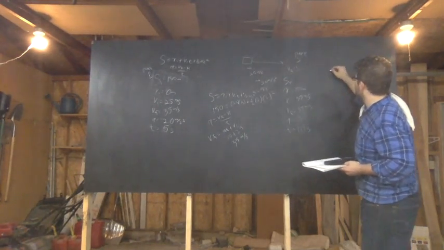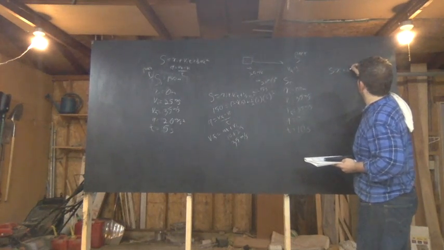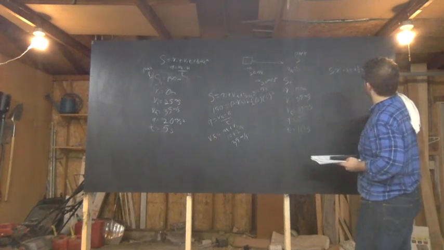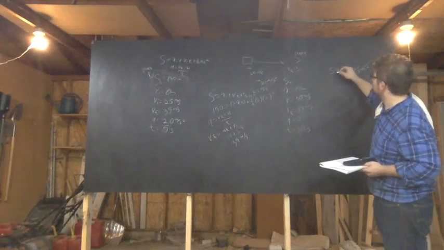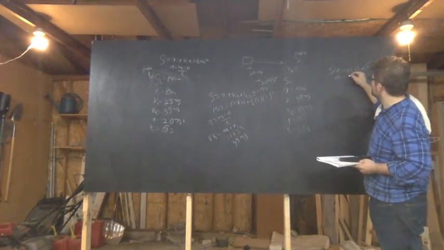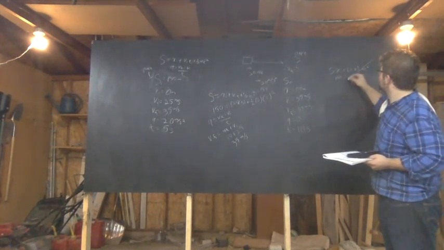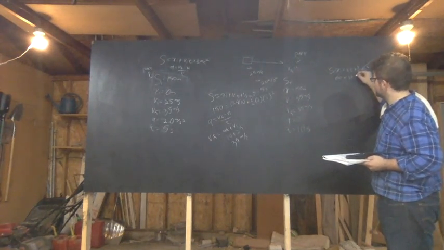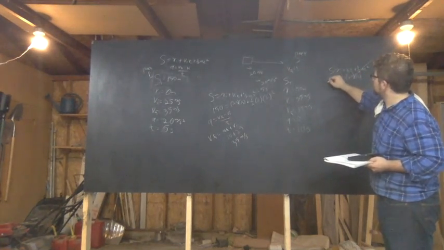So setting up our S formula one more time, S equals xi plus vit plus 1/2 at squared. Well, acceleration is 0. That's going to drop out. Xi is 150. So that, for once, is going to stay. It's going to make it a little bit simpler. So vi times t, that's going to be 35 times 10 is equal to s.